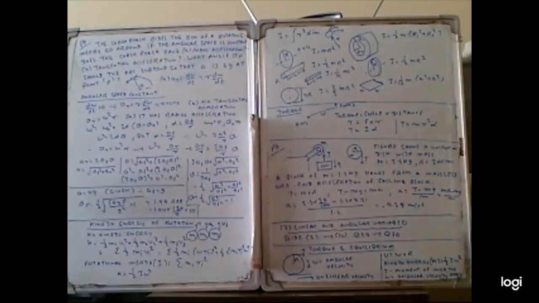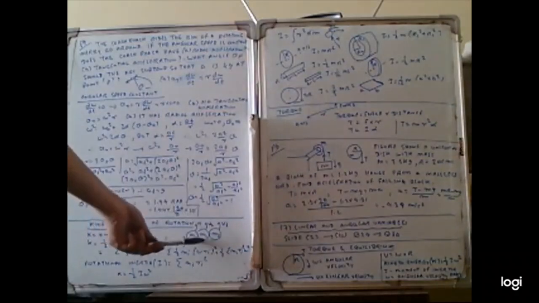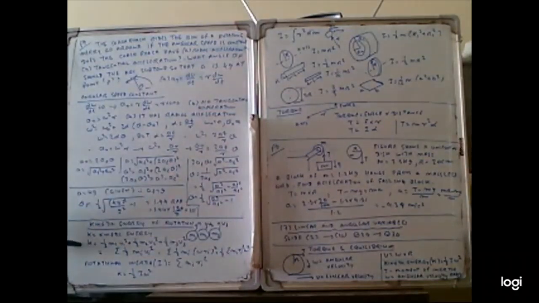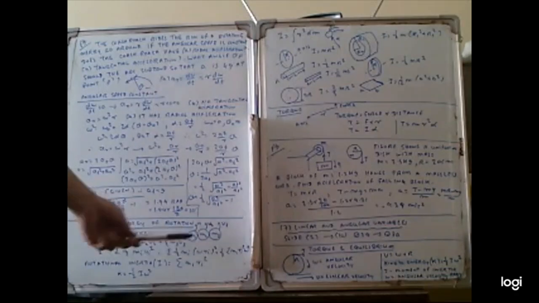The next one is the kinetic energy of rotation. The masses M1, M2, M3 are revolving at v1, v2, v3. In this case, the kinetic energy can be calculated as half M1 v1² plus half M2 v2² plus half M3 v3².